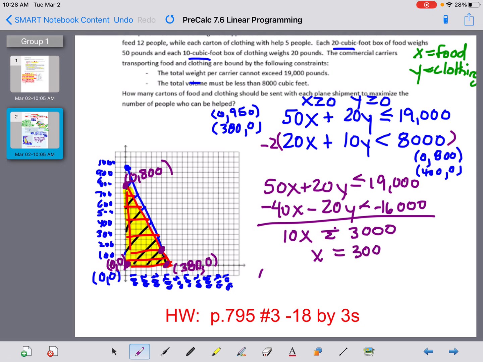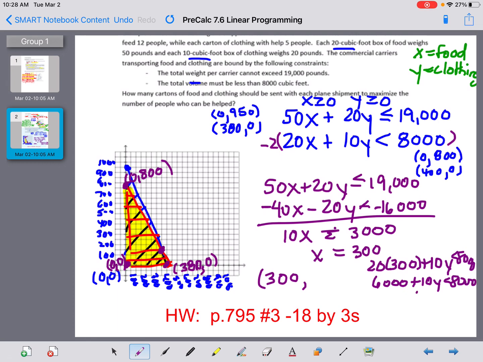When I plug in 300, I'm going to use it in the bottom equation. So 20 times 300, less than 8,000. That's 6,000 plus 10y is less than 8,000.